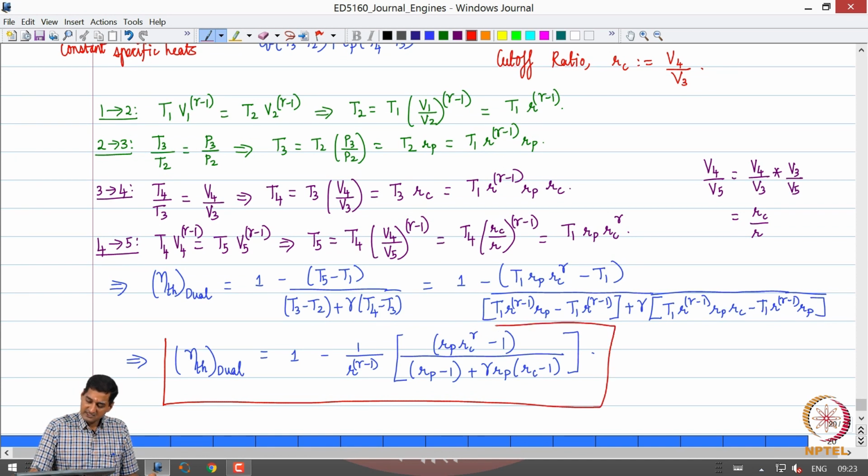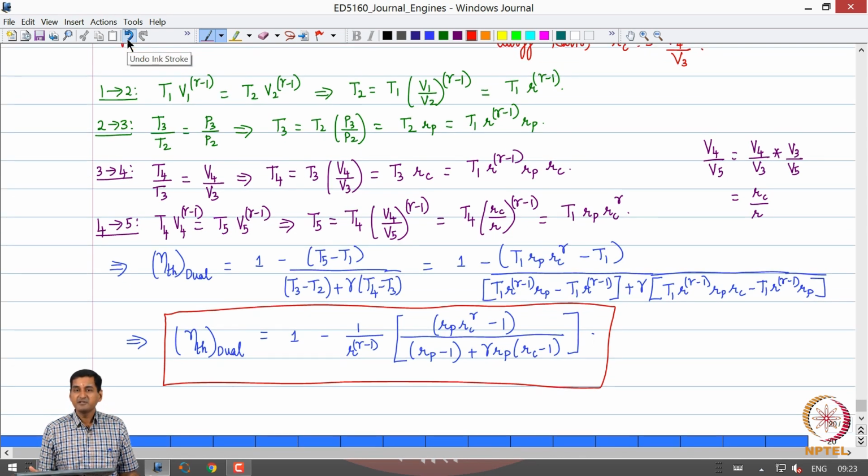This is the expression for the thermal efficiency of the air standard dual cycle. You can observe that it depends on the compression ratio R, the pressure ratio Rp, the cutoff ratio Rc and gamma. Those are the 4 parameters that affect the thermal efficiency of the dual cycle.